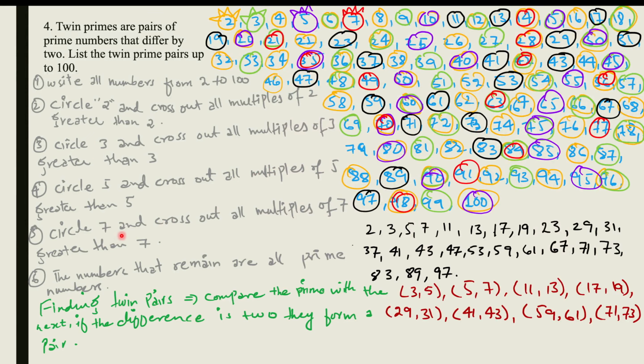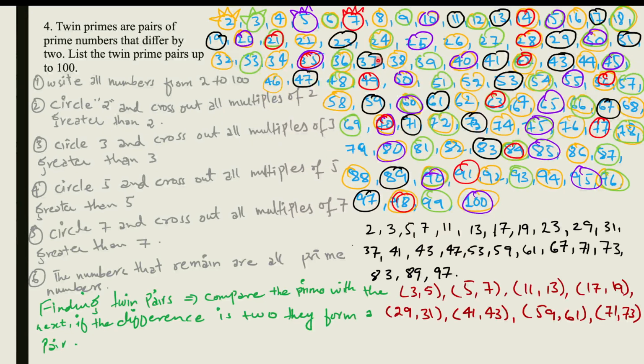Then for the multiples of 7, we first circle the 7, and then we cross out the multiples of 7. 7 into 1 is equal to 7. You have to keep in mind that we are not crossing out 2, 3, 5, and 7, but their multiples only.